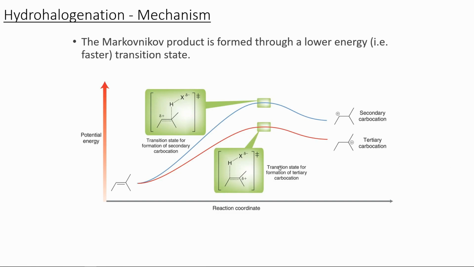The activation energy required to get to the transition state to form a tertiary carbocation relative to a secondary carbocation is going to be lower. So the Markovnikov product is going to form through a lower energy transition state and require less potential energy to reach its transition state.